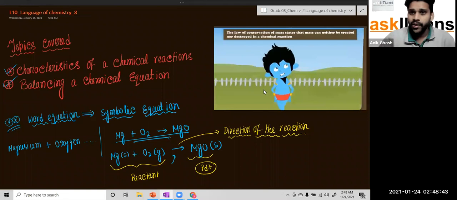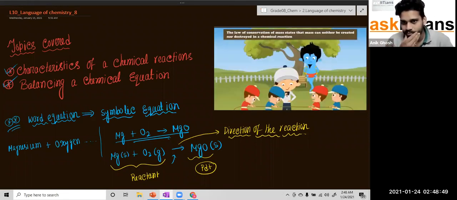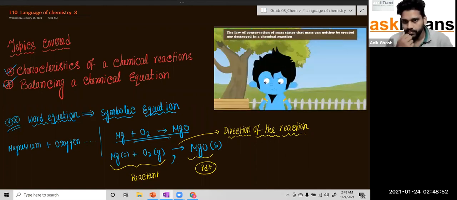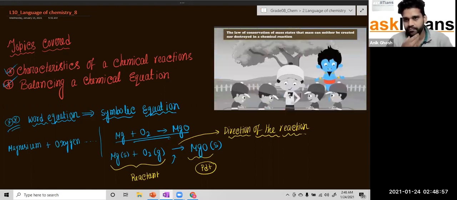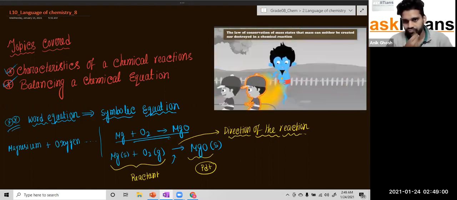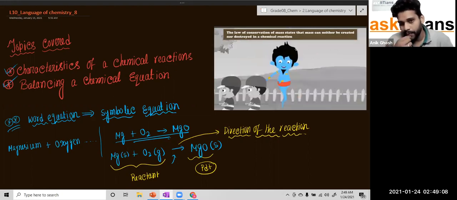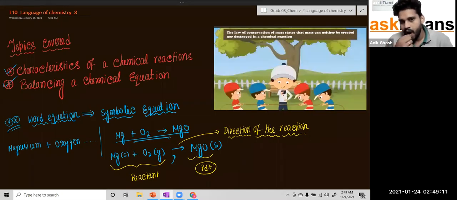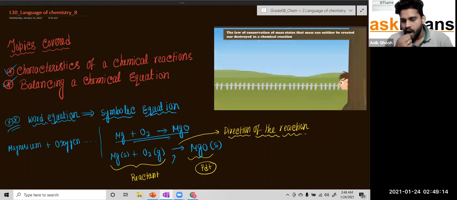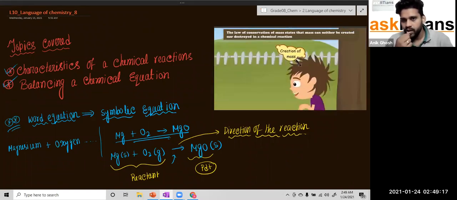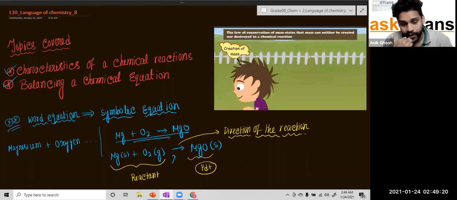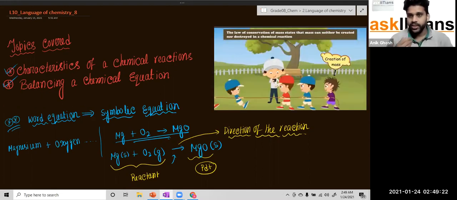Now, if someone tries to create mass, to break this law, let's see what would happen. If you are creating some mass, it is not allowed.